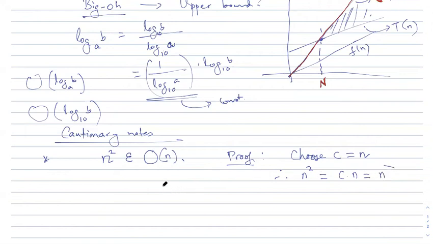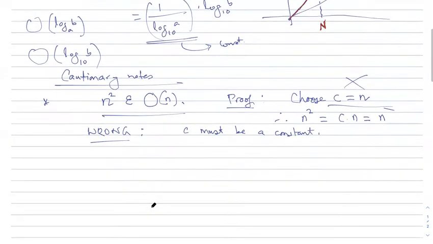And therefore we may say that n square is big O of n. So what is the problem in this kind of proof? C is not constant. Exactly. So this is wrong, because C must be a constant.